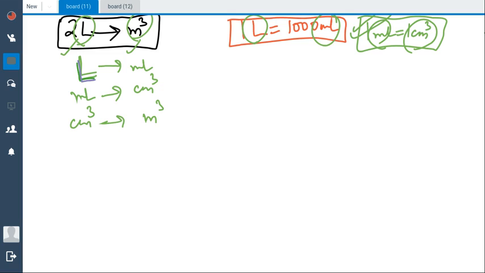First, liter should be converted into milliliter. Then milliliter should be converted into centimeter cube, and centimeter cube should be converted into meter cube. So there we get the direct relationship. So how did we do this?